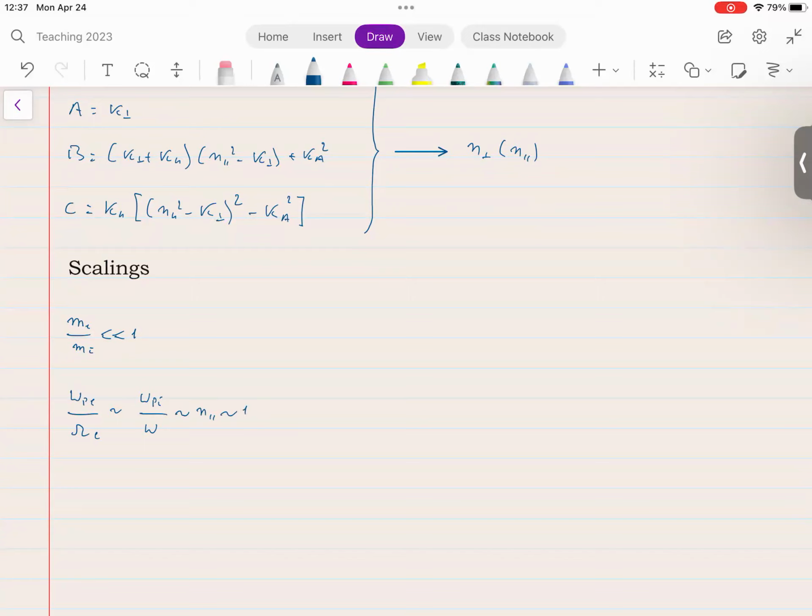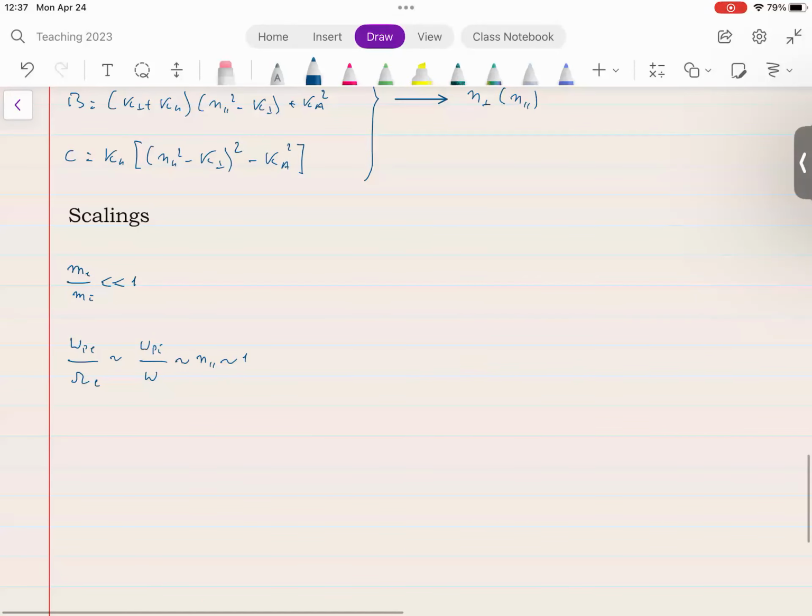So the ratio between the plasma frequency and the cyclotron frequency is order 1 for the electrons. The omega is of the order of omega plasma ions.